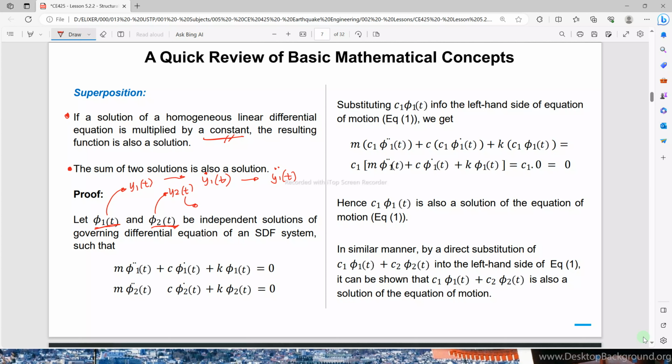The same thing happens for the second solution: we will have y dot 2 of t, and if you differentiate that, you will have y double dot 2 of t. Here we just use phi, and if you plug these values into our equation of motion, we arrive at these equations. This is just the mass times this term, the damping coefficient, and then the lateral stiffness.